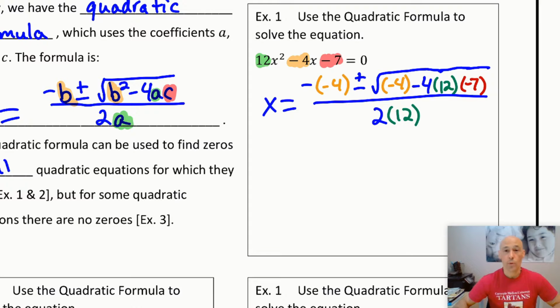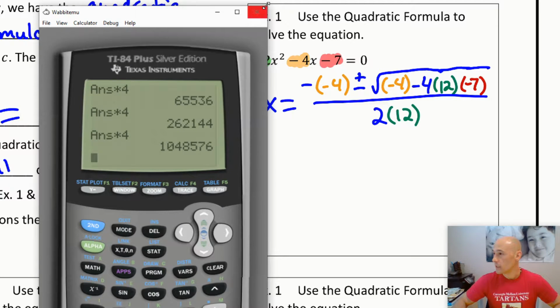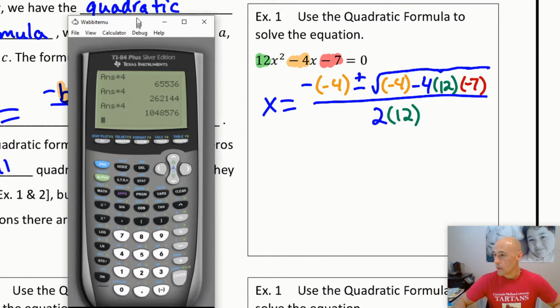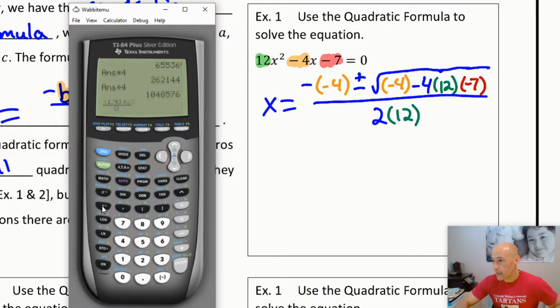Now, what you can do at this point is just open up your calculator and input that entire thing right into the calculator. That works just fine. So I'm going to bring the calculator over here, and make it a little bit smaller. We're going to use the alpha y equals to get the fraction, and negative, parentheses, negative 4, parentheses, and I'm going to do plus first. You can't do these at the same time. Square root, which is second x squared.